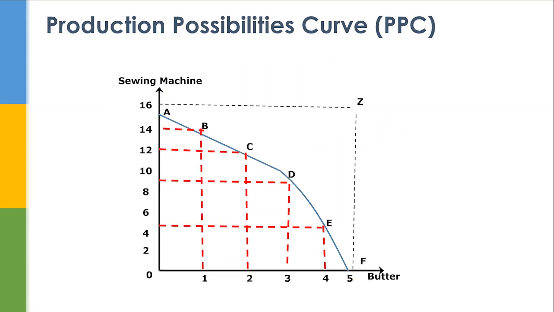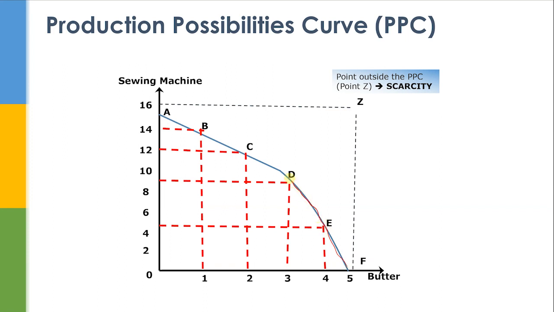So next we look at point Z dekat sini. So kat sini apa maksud dia? So point Z, it demonstrates the main basic economics concept of scarcity. Okay, why? Because due to limited resources and technology. So dekat sini limited resource technology because you nampak line ni adalah production possibilities curve.